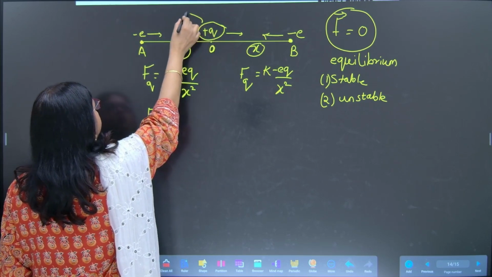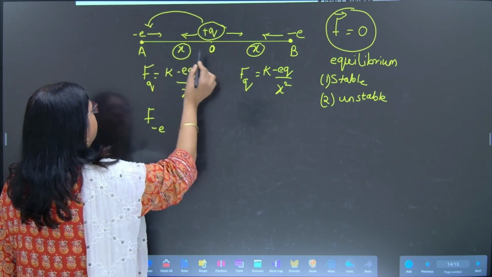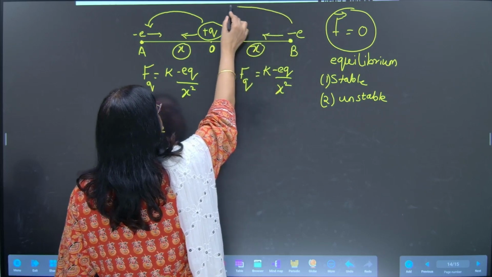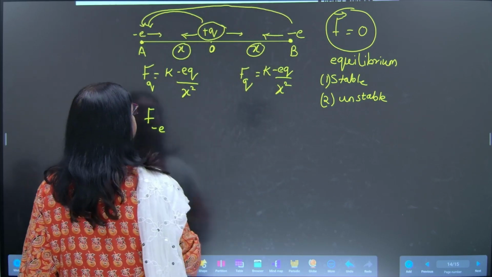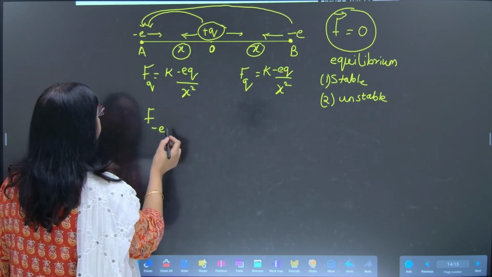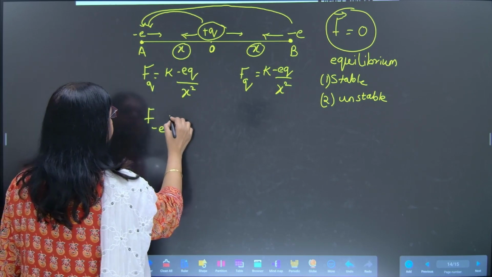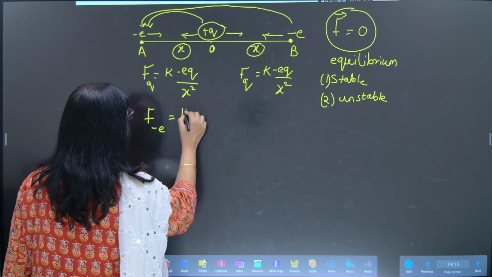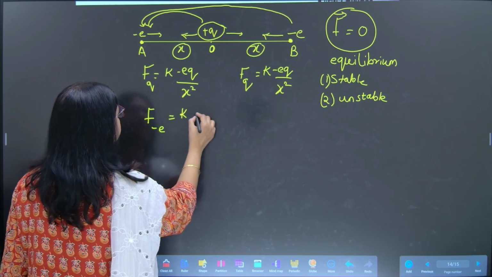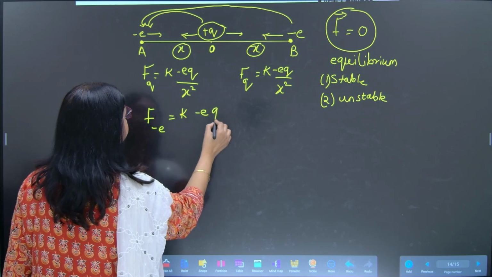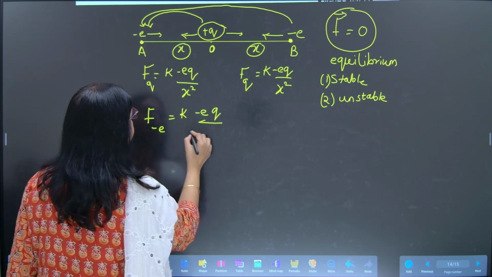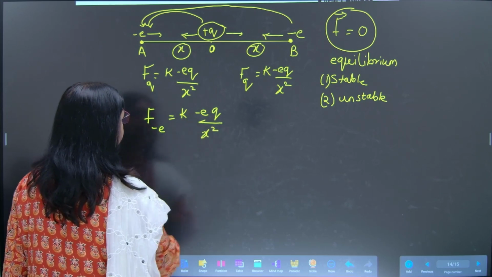It is due to the charge plus Q. It is also due to the charge minus E, that is the other electron. So first we will talk about the force on minus E due to plus Q. What is the value of that? F is equal to K times minus E Q, product of the charges, divided by the distance square.